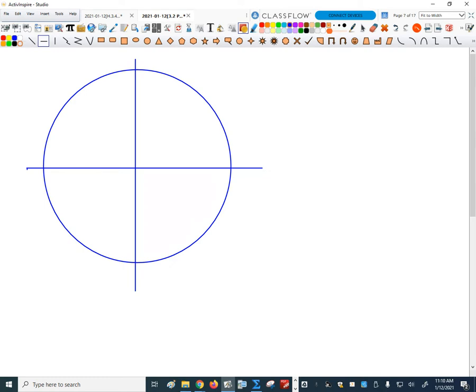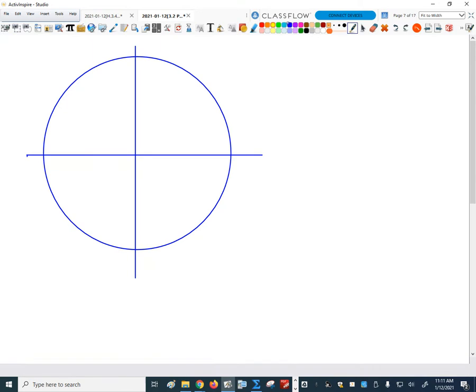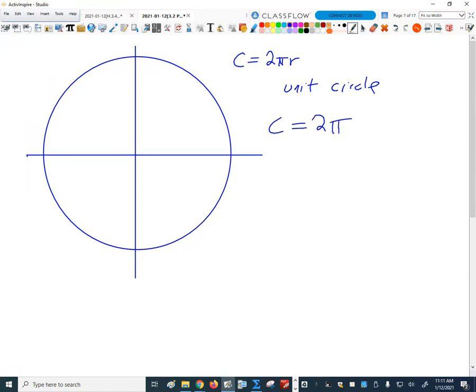If this is a unit circle, we know that the circumference of a circle is just 2 pi r, so the circumference of a unit circle is 2 pi times 1, so it's just 2 pi.